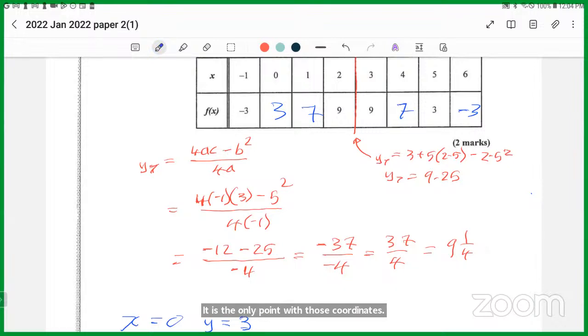The maximum or minimum value occurs at one single vertex point, the turning point. So 9 cannot be the maximum value because 9 is at 2 points. The maximum value must therefore be higher than 9. In this case, it is 9.25.